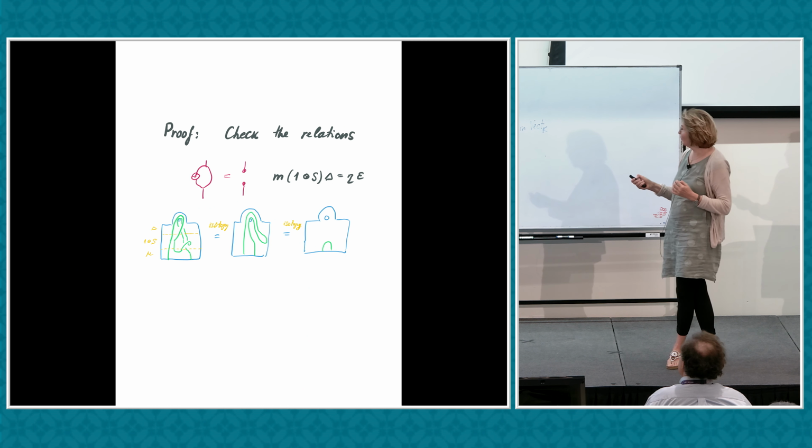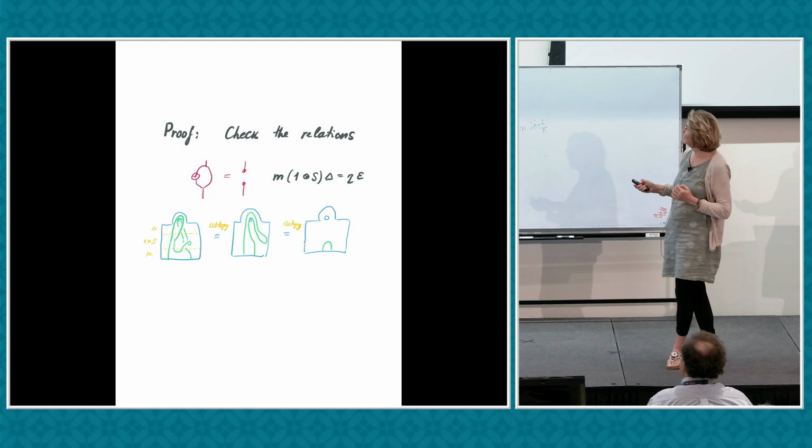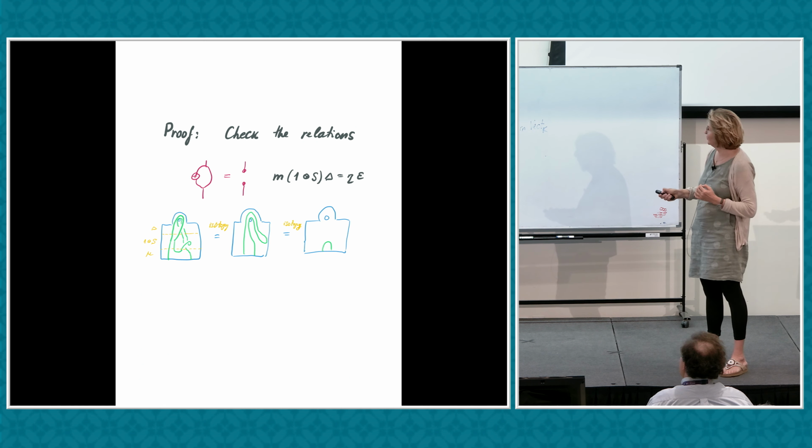If you go back to the definition, this is my co-unit. This is my co-multiplication. Then I put this S, and then I put a multiplication. So we look at this picture. This is the first one, a co-multiplication. Then I'm putting S, I think I put S now on this side. It doesn't matter.